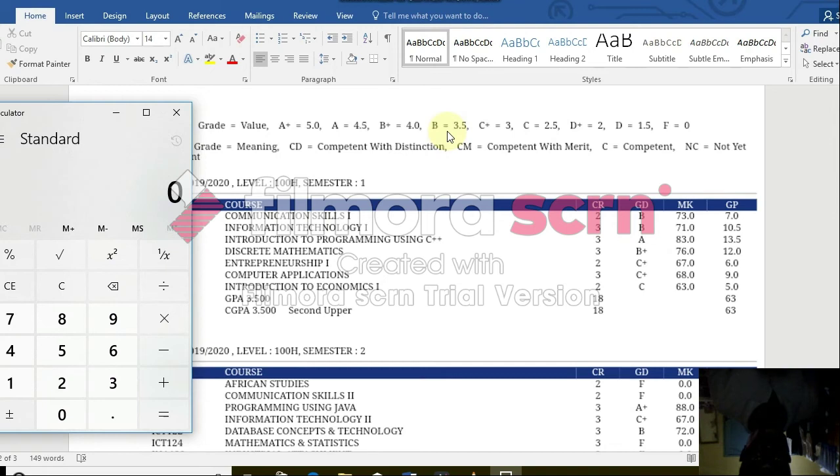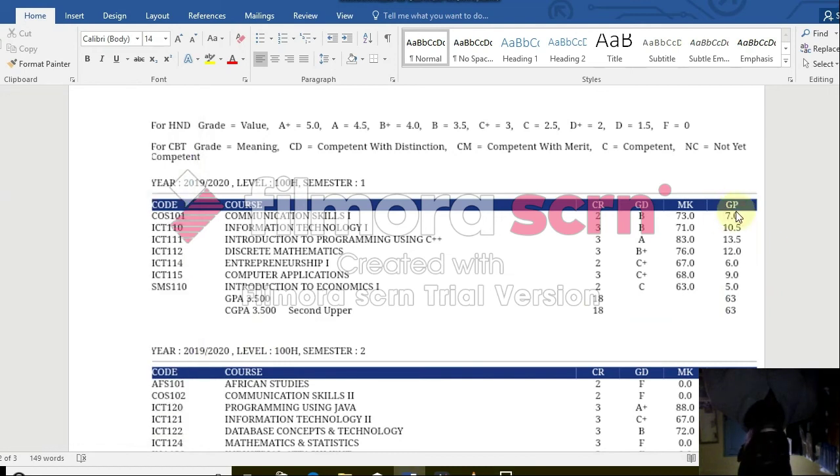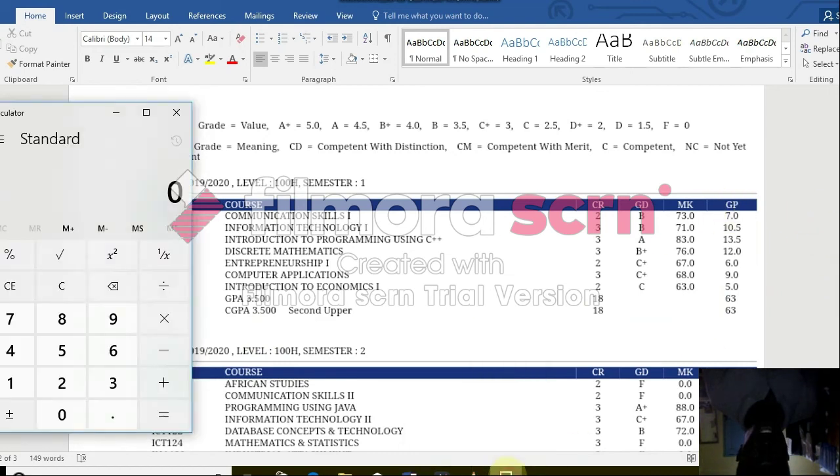We multiply the 3.5 by the credit hours for communication skills, which is 2 hours.